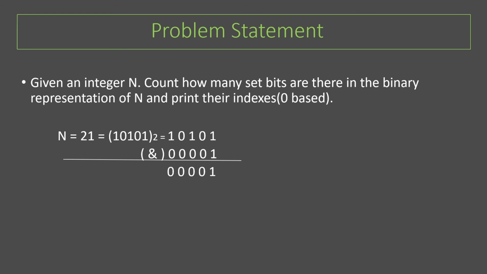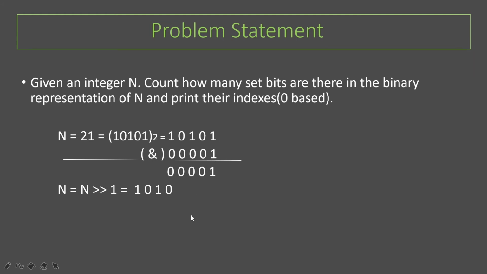Then we have already checked whether it is set or not, so we don't need this bit anymore, and we will remove it. For that we will right shift this number by one bit. Then the next number will be 1010, and this bit will be removed. Then we will do the same operation again.